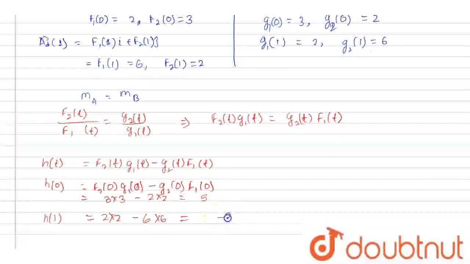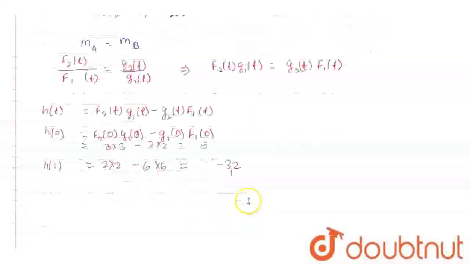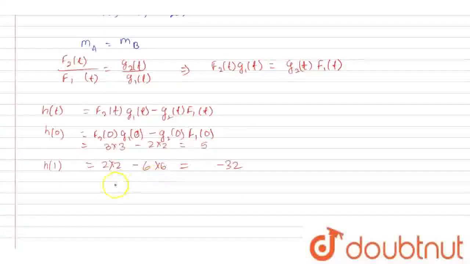Given that f1, f2, g1, g2 are continuous functions, h is continuous, and since h(0) is positive and h(1) is negative, it must be 0 at some point.